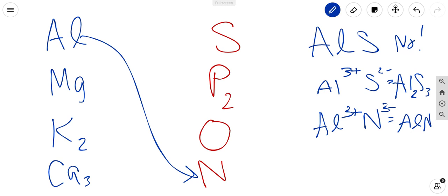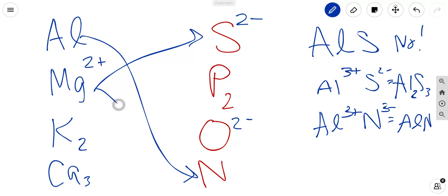All right, I'm going to apply that same strategy with Mg. There's no subscript here. So therefore, I know that magnesium has to cancel out with something that has a similar charge. Mg is 2 plus. So I'm going to look for something in this column that has a charge of 2 minus. Take a minute and see if you can think of what it would cross out with. What has a charge of 2? Well, that has a charge of 2. That has a charge of 2.